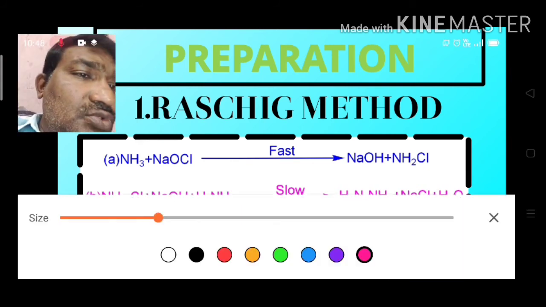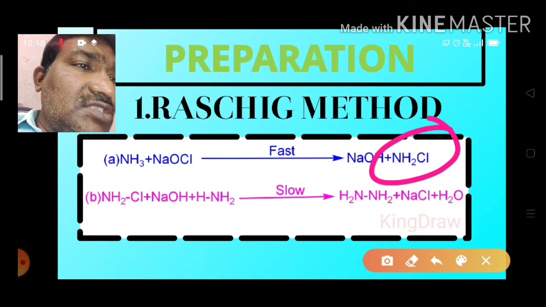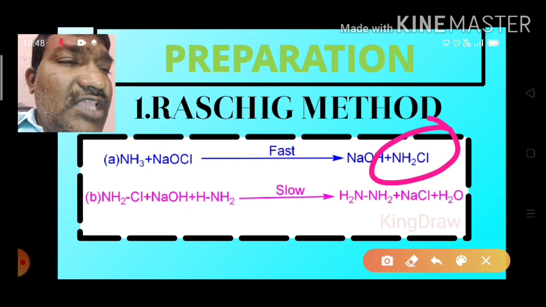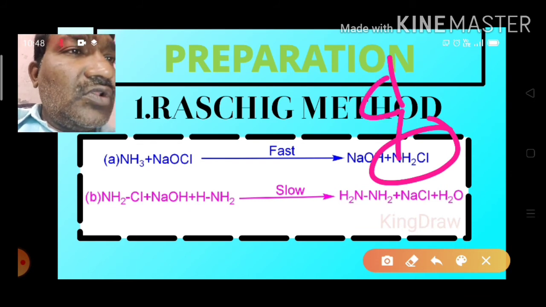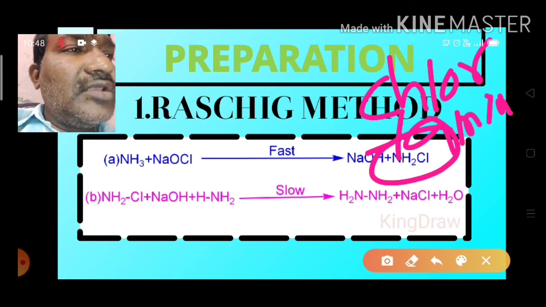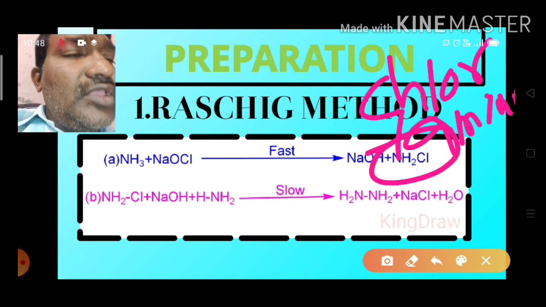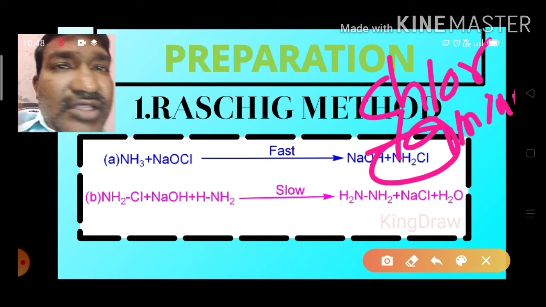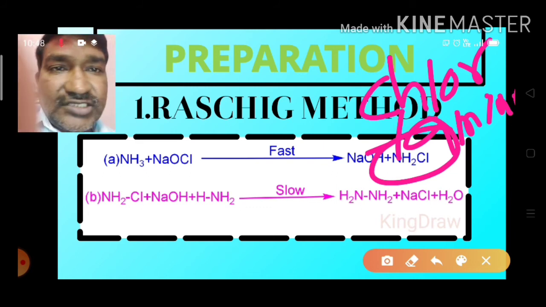The name of this compound NH2Cl is chloramine, because NH2 group means amine and Cl means chlorine. So we call this compound chloramine. The first step is a very fast reaction.